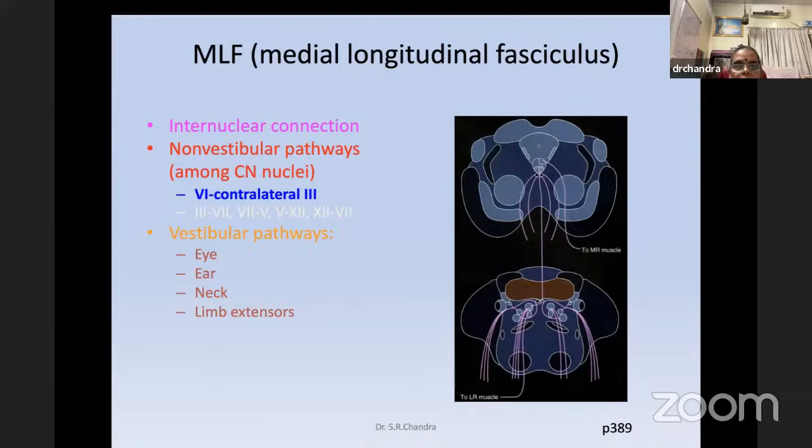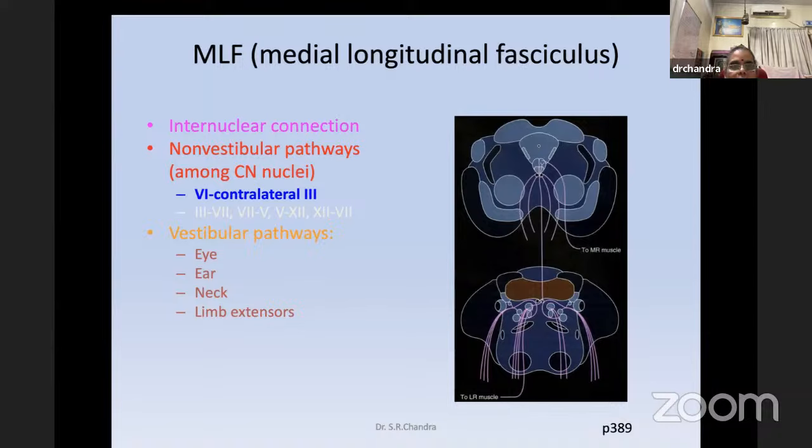There the most important thing is the medial longitudinal fasciculus. It produces an internuclear connection of supranuclear nature. And it's a non-vestibular pathway among the cranial nerve nucleus. The sixth nerve, ipsilateral, and the contralateral third nerve are the ones which are linked, which I showed through the various connections of the various semicircular canals and how they connect through the MLF, crossing to the opposite side and coming to the ipsilateral.